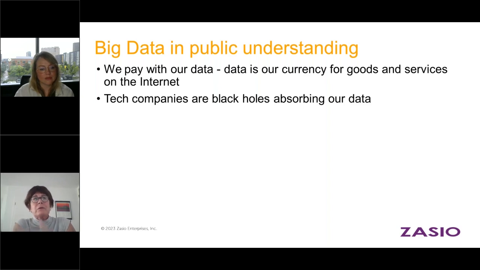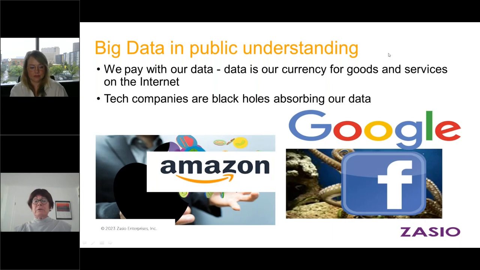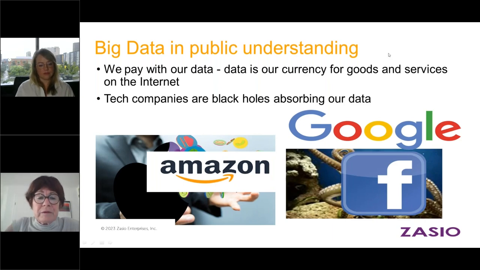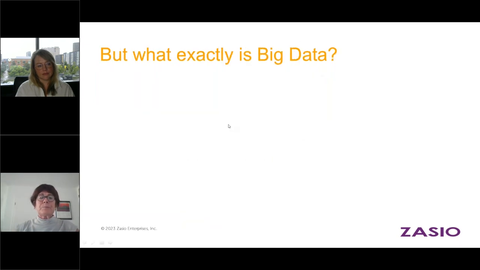And then of course your data is collected, and even if you have a license, the cookies and so on are also collected. Tech companies are the black holes absorbing our data. The Googles, Amazons, Facebooks, you name them, ultimately collect whatever they want to make sure that they target their products to our needs.